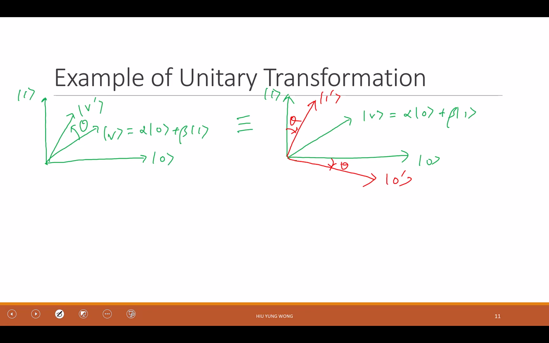Then the representation of V in the new coordinate is the same as the new V represented in the old coordinate. So that's what I want to say.